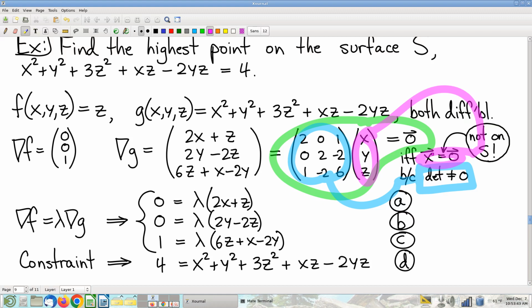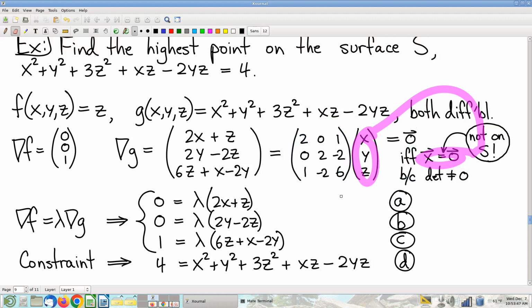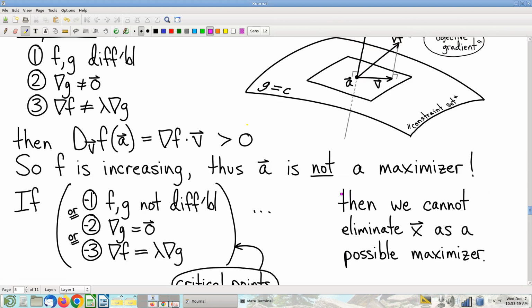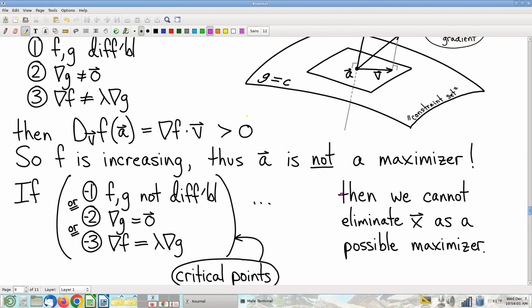How are we doing? Okay. All right, here's the thing, though. A lot of people would label this a critical point. I claim that even though, yes, this clearly solves the degeneracy equation, it's not a critical point. And the reason why is we are only interested in points that satisfy these conditions on the constraint set, right? We are stuck on our constraint set.